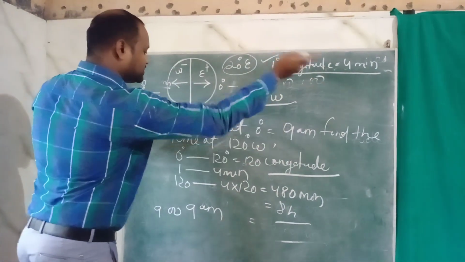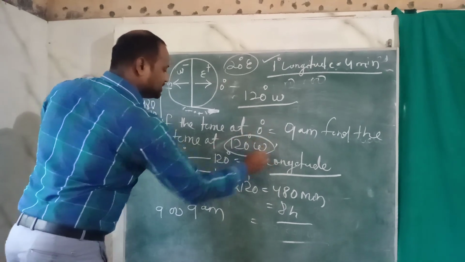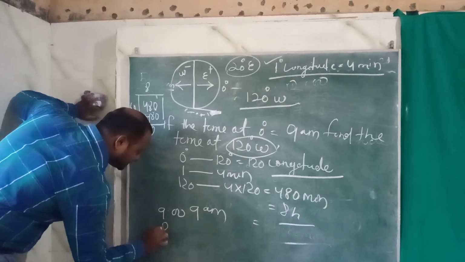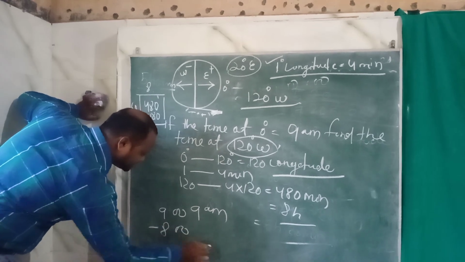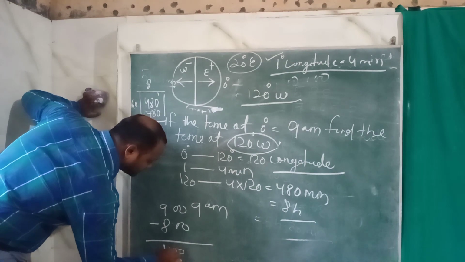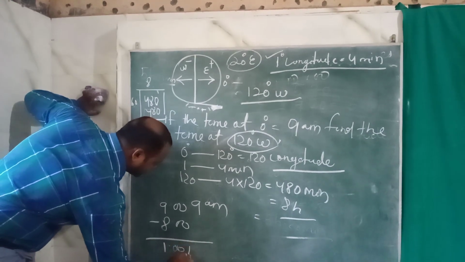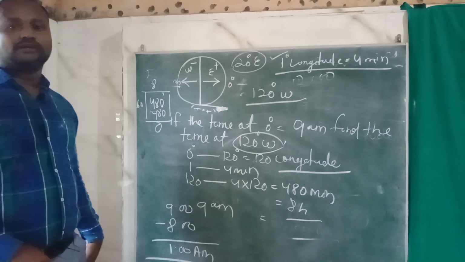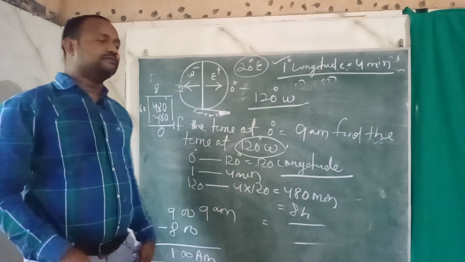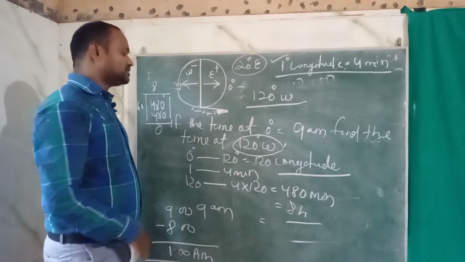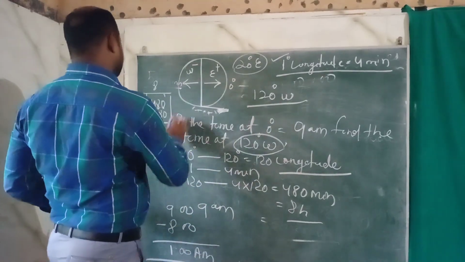Because the longitude is west over here, you can see. So that's why you have to subtract the time. So it will be 900 minus 800, it will be 100. What will be the time, you tell me? 1 AM. Okay student, by this way you can calculate the time of different longitudes over the earth surface.